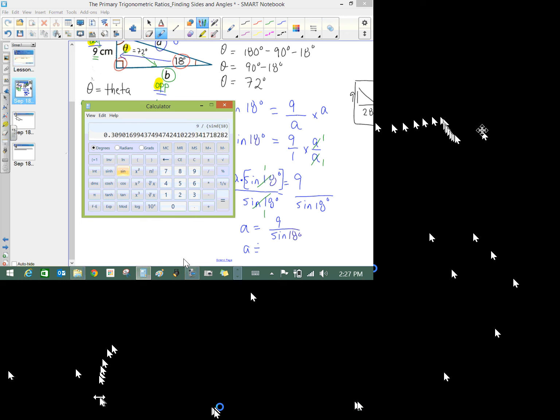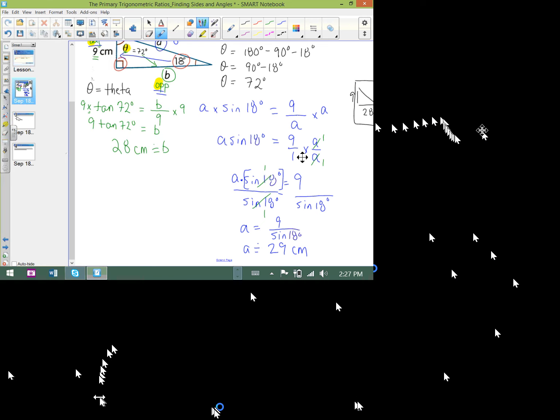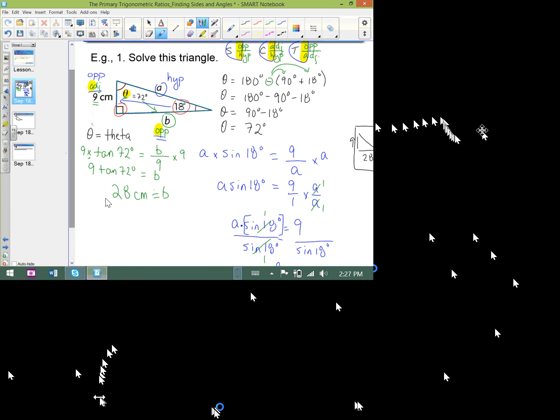And then I'll multiply that by, oops, sorry, I don't need to multiply that. I just figured that out. If I close bracket and hit equals, I get about 29. And that's in centimeters. And that makes sense too, right? If you look at your diagram, it is the length of the hypotenuse. So 29 makes for a good answer.